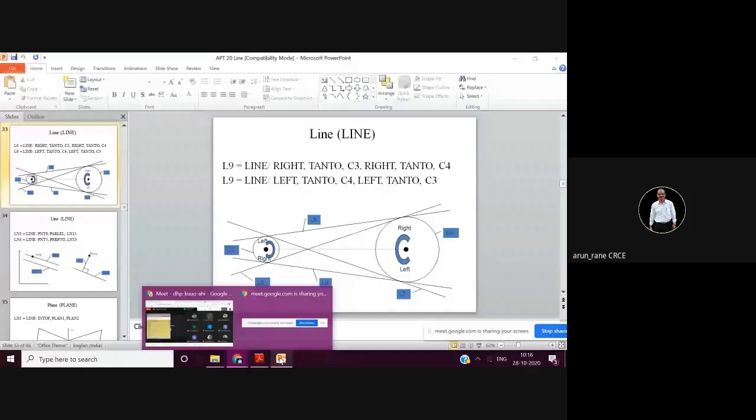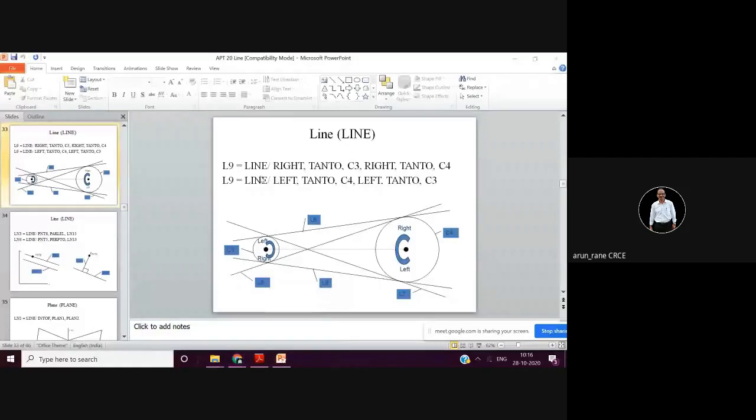Yeah, line L9, that is what I'm telling, that there are two ways that line L9 can be drawn. See, this is what line L9 is. It is right hand, and it is tangent. It is on the right side to circle C3, tangent to circle C3, and it is on the right side and tangent to the circle C4.